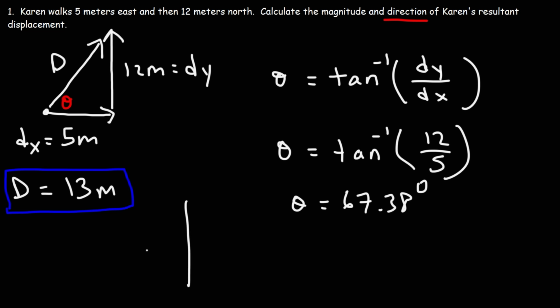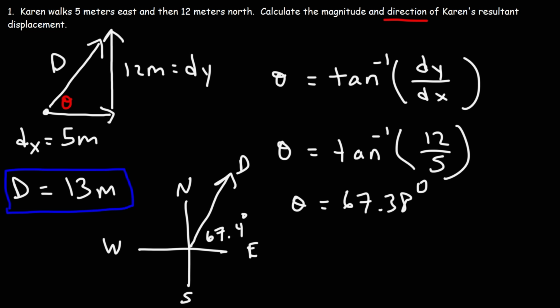Now, you can also describe it a different way. This is east, this is west, this is north, this is south. So I'm going to round it to 67.4, just to keep things simple. We can also say that the displacement vector is 67.4 degrees north of east.